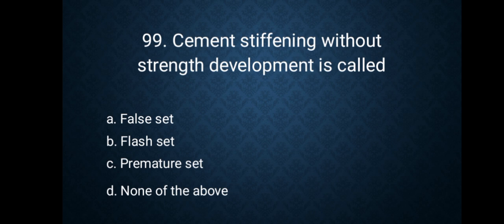Cement stiffening without strength development is called flash set. Because though we barely know the chemical characteristic of cement, however, it is important that we have the basic knowledge of the chemical reaction of cement to the other materials which will be incorporated in our concrete mix.